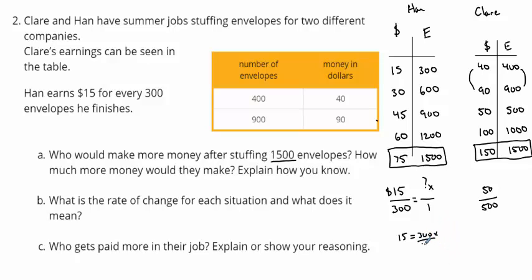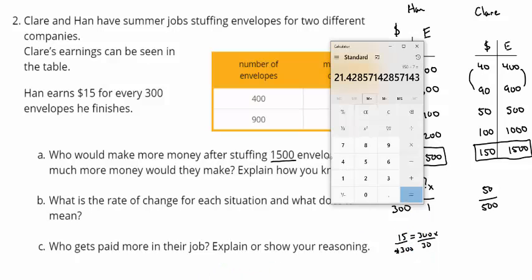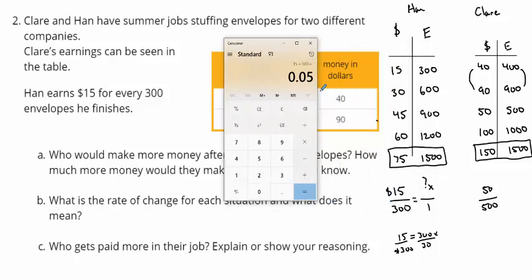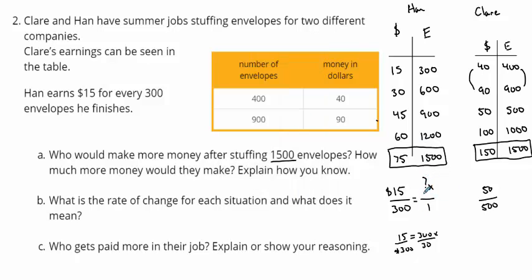So if we divide by 300, that'll tell us what that x is. 15 divided by 300. So I'm just going to get my calculator out and go 15 divided by 300 is 0.05. That's 5 cents per envelope is what Han makes. So Han makes 5 cents per envelope.